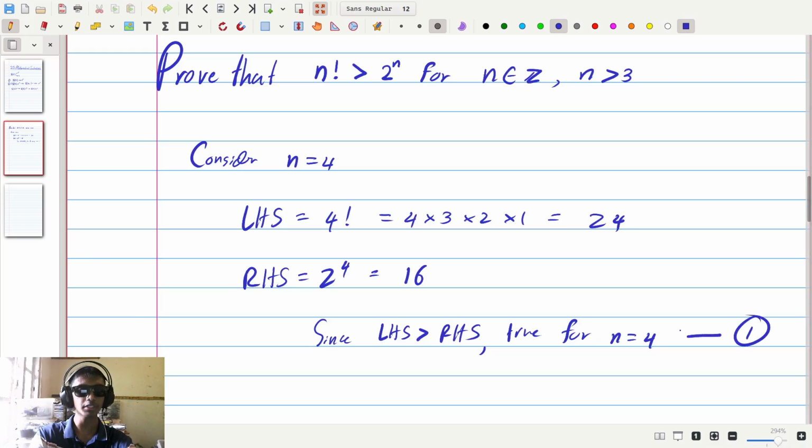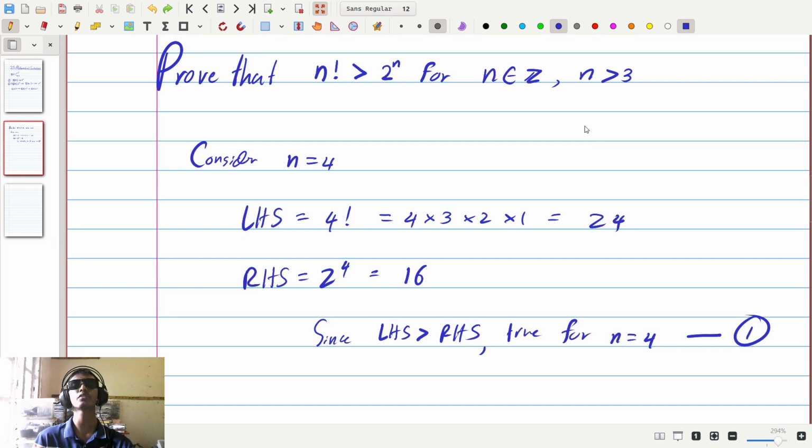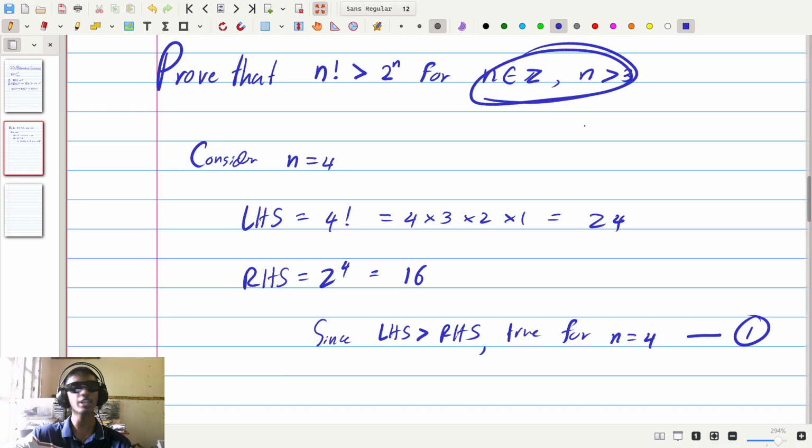Now that we've established a base case, let's try to establish the inductive step and use that together with the base case in order to prove this inequality true for all of these n's that we want to show for. So what we're going to do in order to establish our inductive step is to assume that for any element of this set, the statement is in fact true.